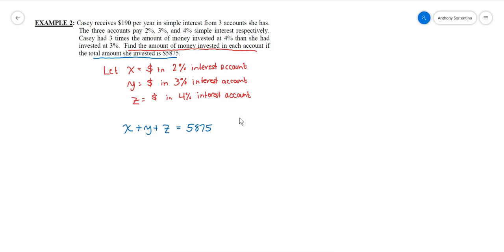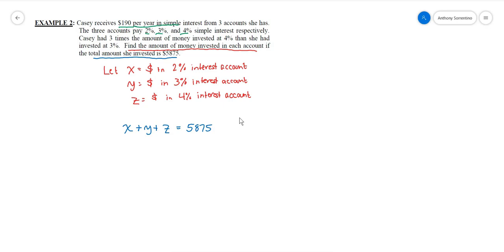The second one I'm going to write an equation for tells me that she earned $190 per year in simple interest from the 3 accounts, and we know what their amounts are. Well, to calculate the interest she earned in each account, I would take x times 2% of that, and that'd be the interest she earned in that account. And for y, I'd take 0.03 times the amount she invested there.